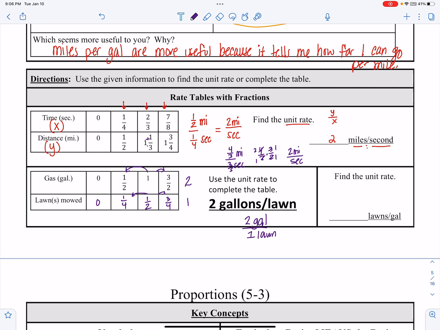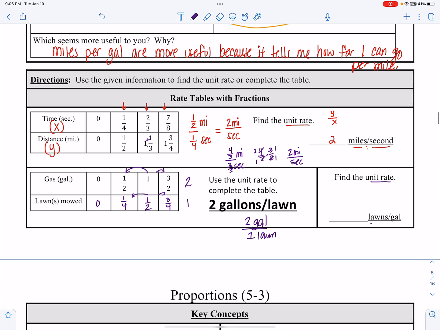So let's go ahead and look at the unit rate for this, but they want us to identify the unit rate of lawns per gallon instead. And so I'm just going to pick one of them, and instead of doing gallons per lawn, I'm going to do lawns per gallon. Okay, and so here's a nice thing. I actually already know that it's 2 gallons for 1 lawn.